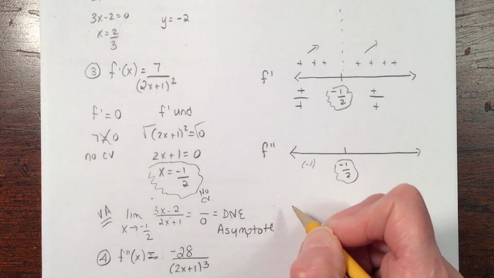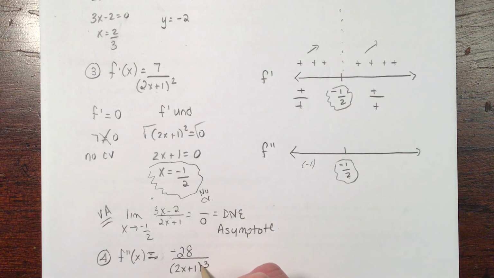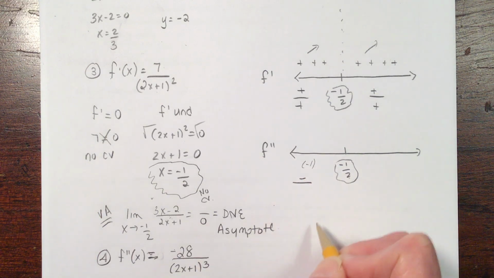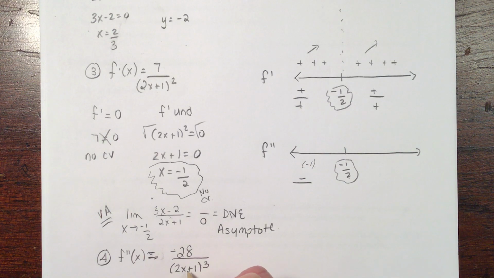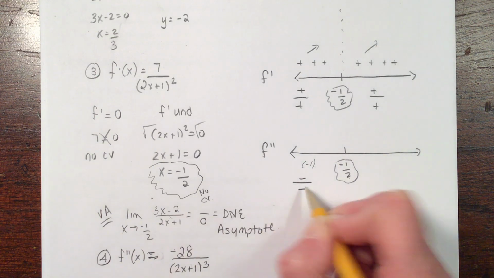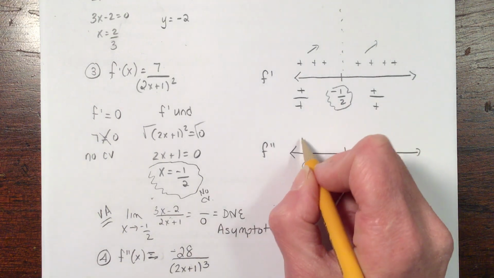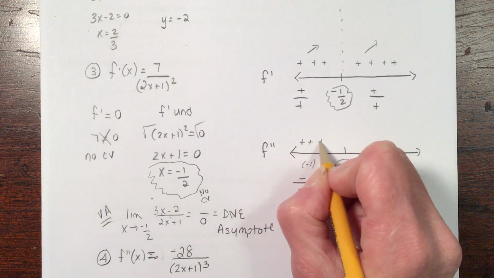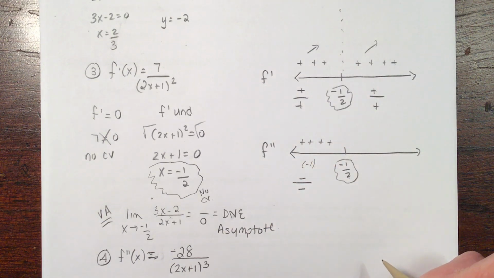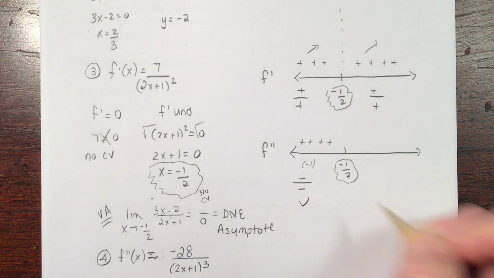When I plug it into the second derivative, the numerator will always have a negative value. The denominator now, it's going to depend on what's going on. So I have a negative 2. I'm going to have a negative number and cube it. The second derivative will be positive in this interval, which means your function is concave up.